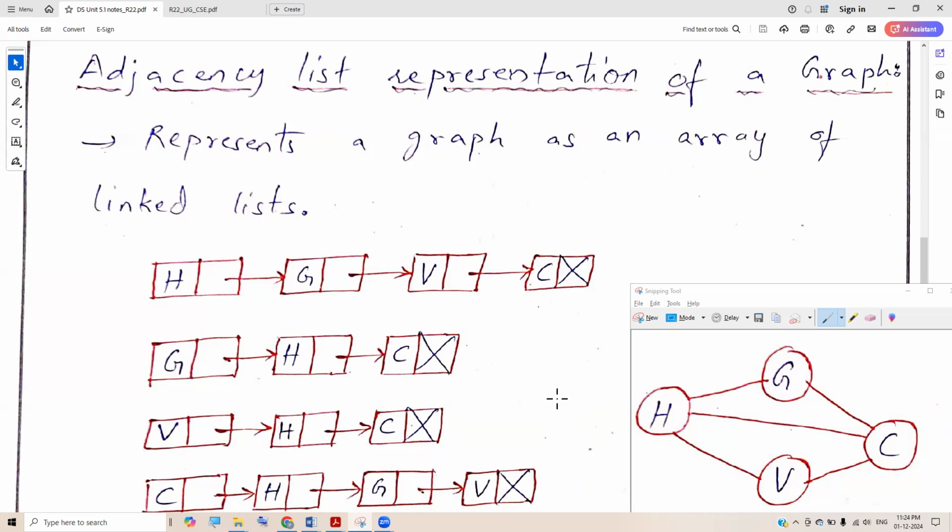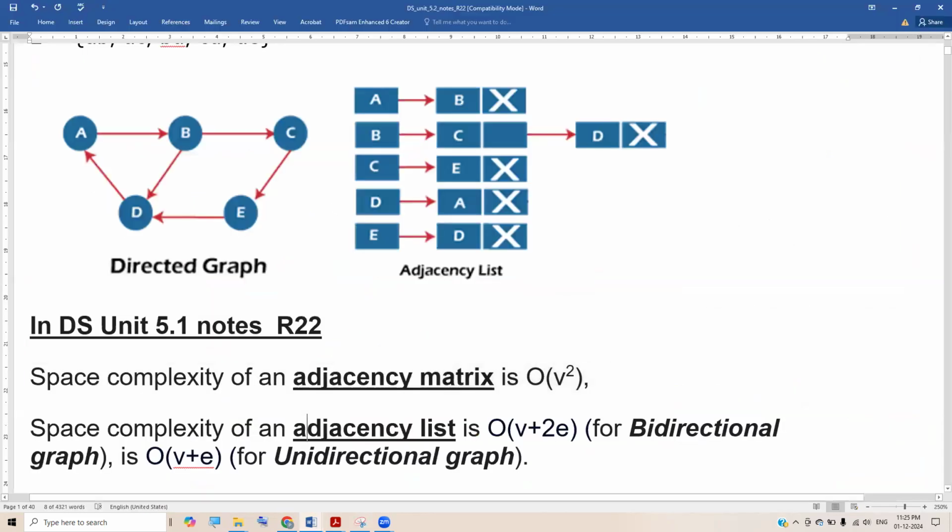So in general, the space complexity is of the order of V plus 2E for the case of an undirected graph when we consider the adjacency list representation.